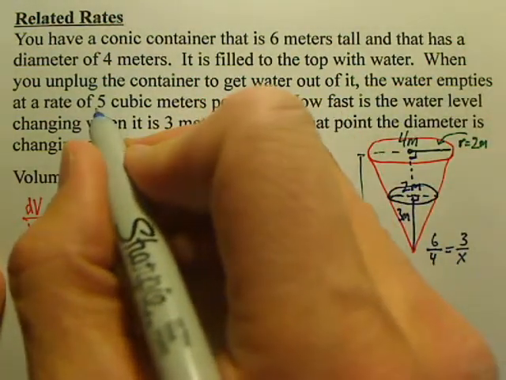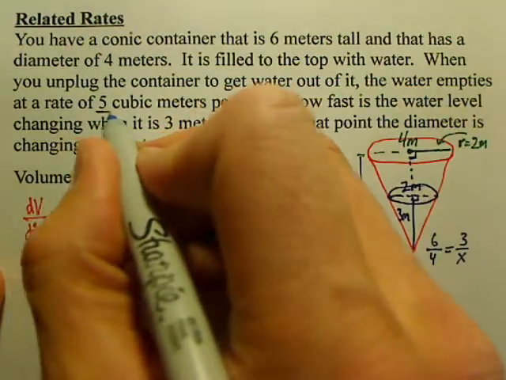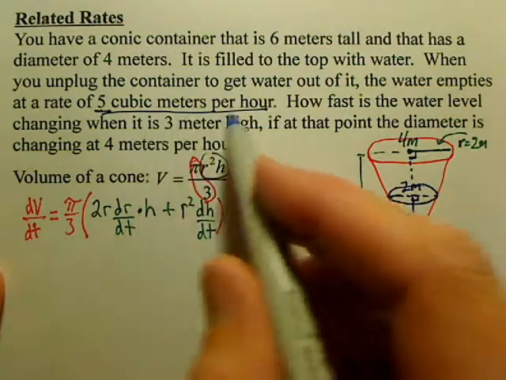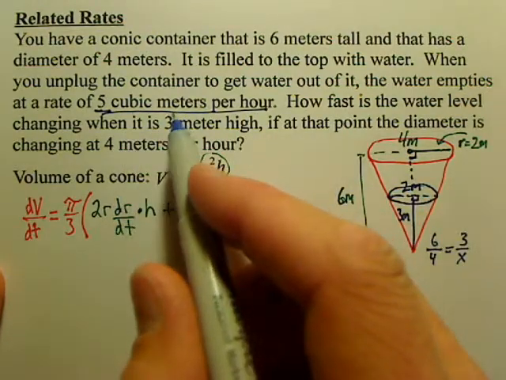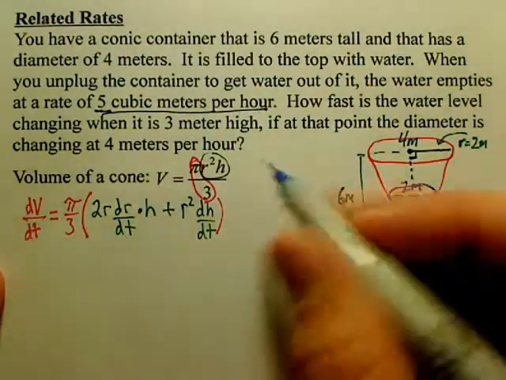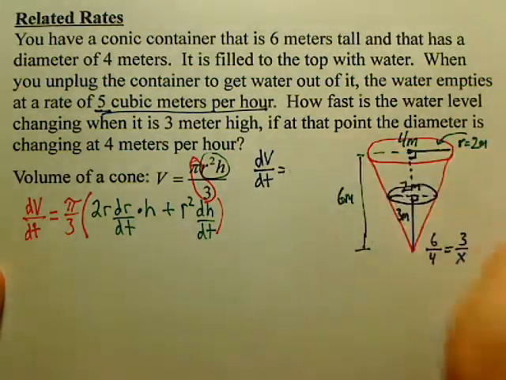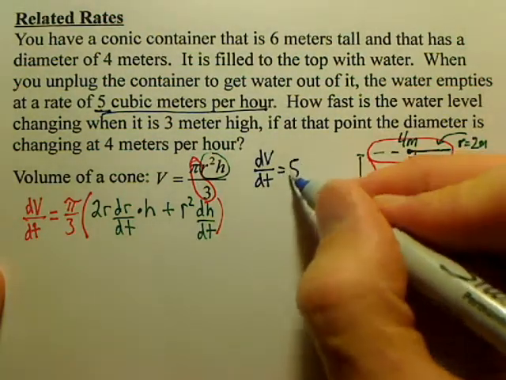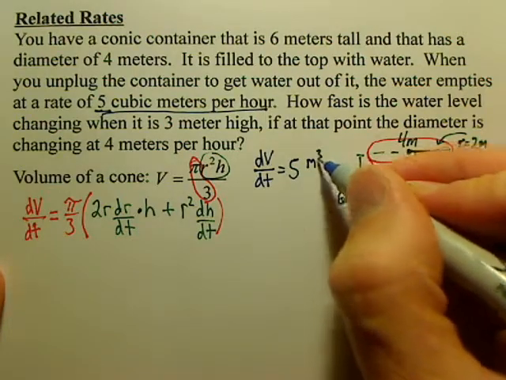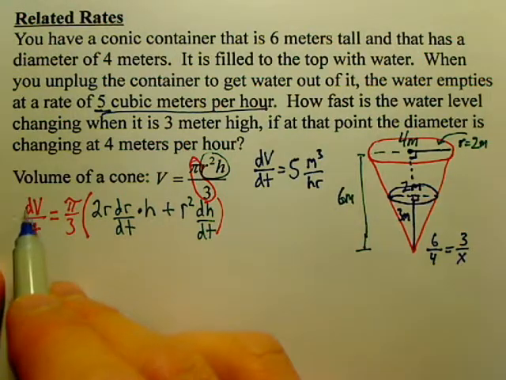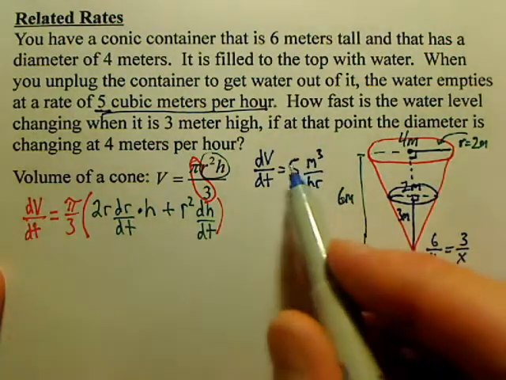Here. It's emptying at 5 cubic meters per hour. Now if it's emptying and it's cubic meters per hour, isn't cubic meters volume in respect to time? So wouldn't that be dV dt? So wouldn't that be 5 cubic meters per hour? There we go. So I can go ahead and plug in 5 right here.